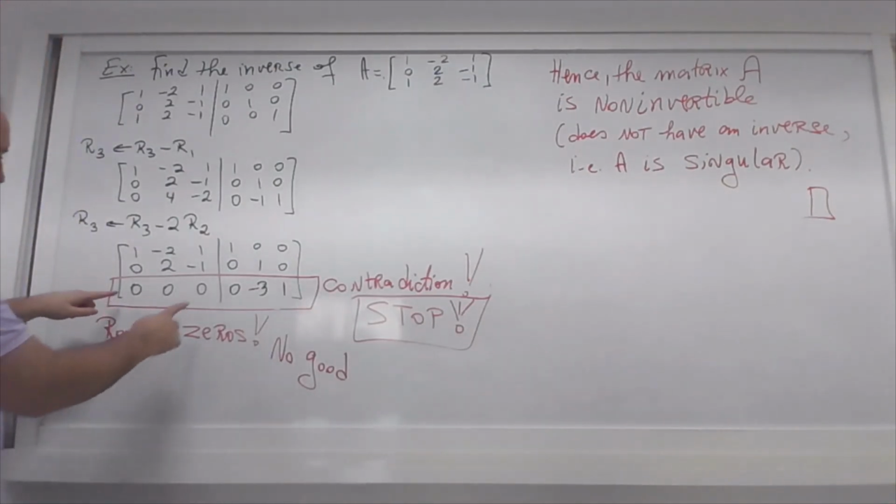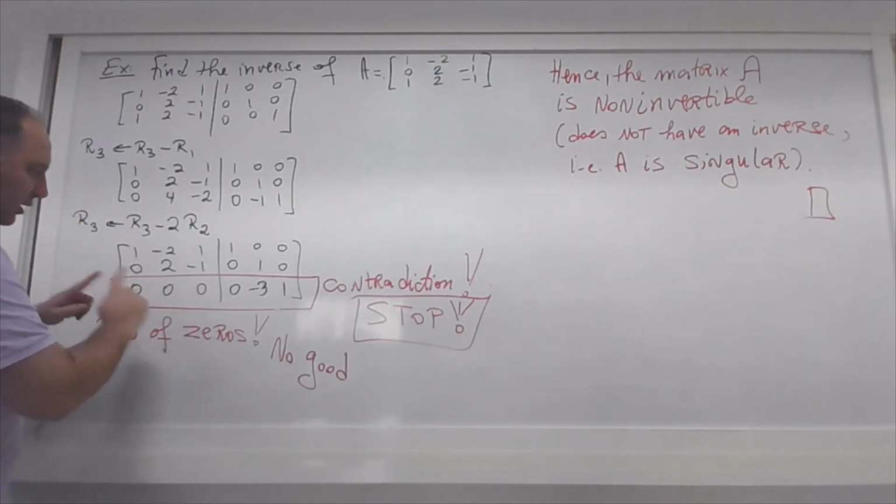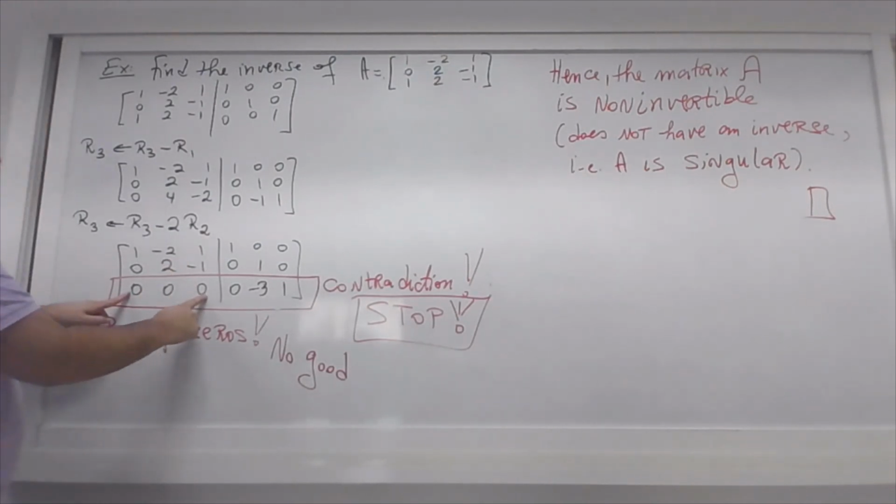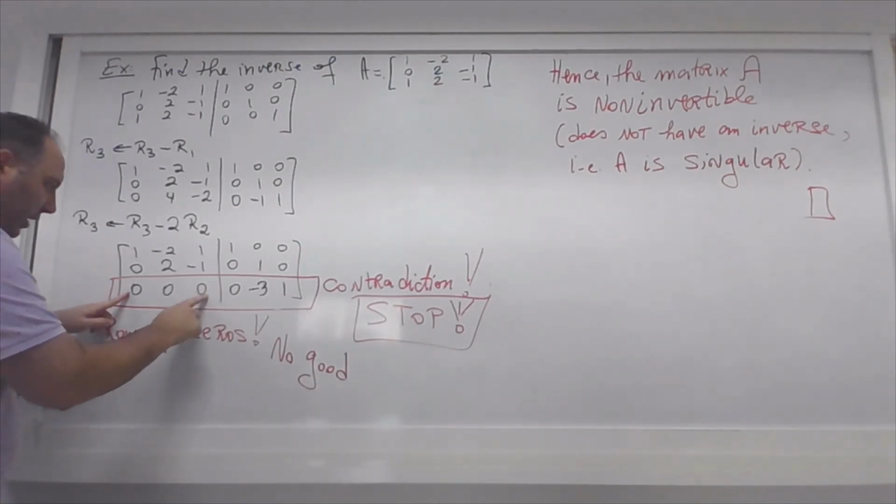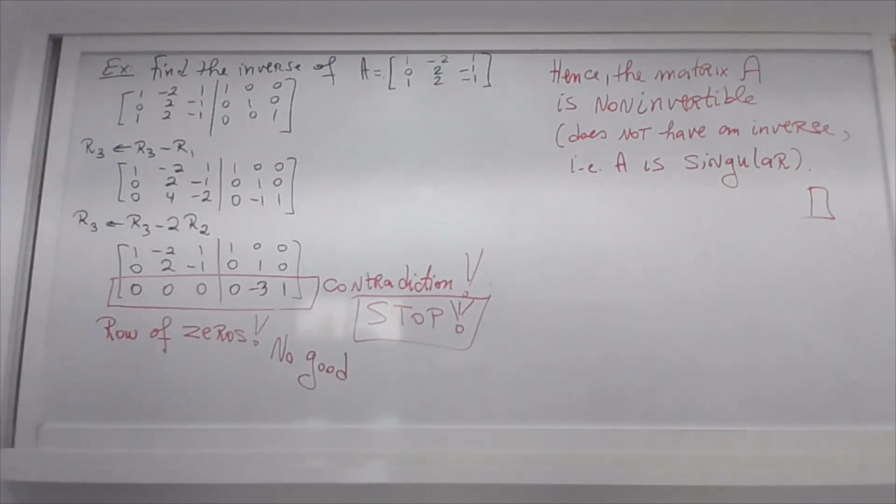And as soon as we get a row of zeros somewhere in the process, it's over. We know that our reduced echelon form, even if we push further, which makes no sense to do, but even if we push, we will have our row of zeros still there. Nothing can change. So that's why there's no point of continuing. As soon as you hit a row of zeros, you stop.